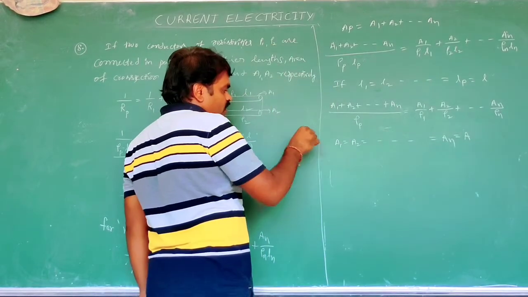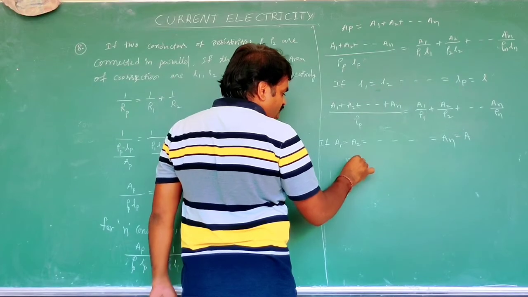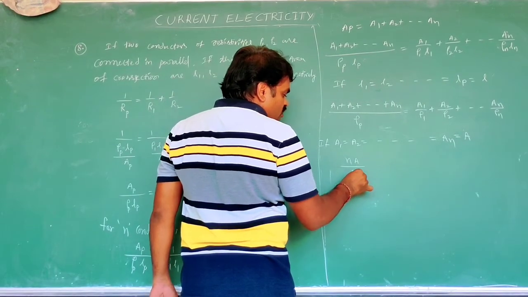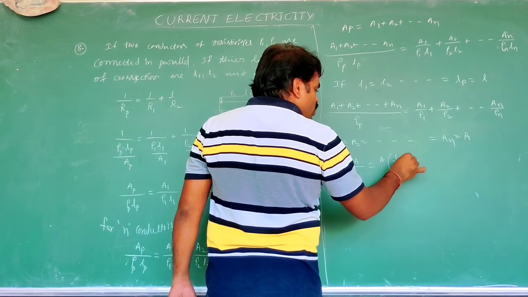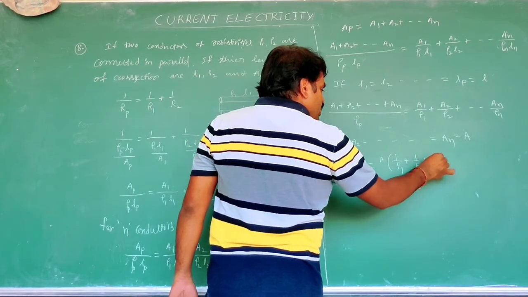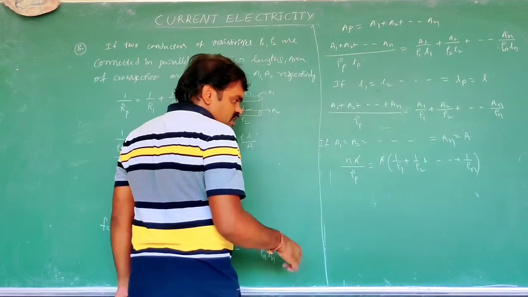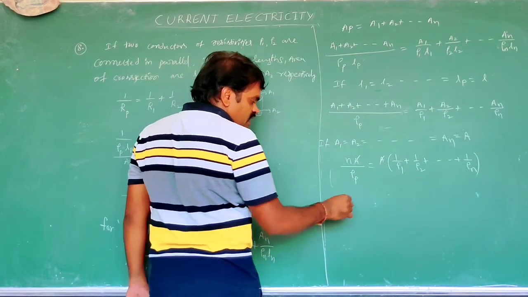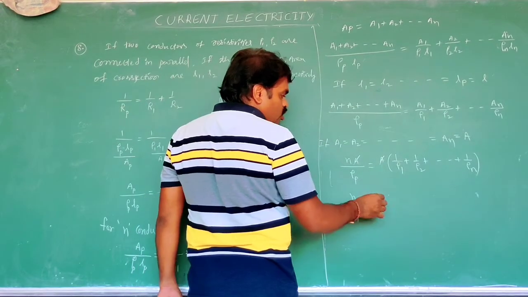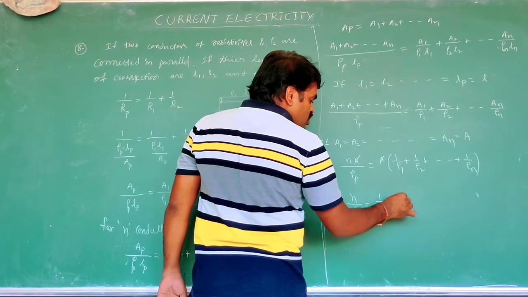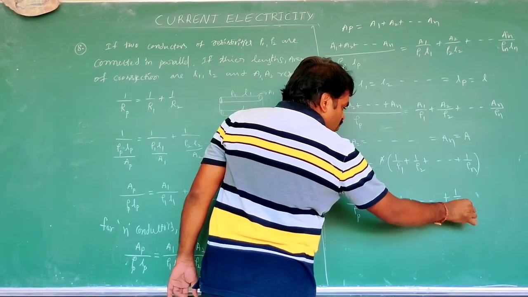What do we get? That is n times A by rho P is equal to A common, and what remains is 1 by rho 1 plus 1 by rho 2 plus up to 1 by rho n. Then A cancels, and we get n by rho P is equal to 1 by rho 1 plus 1 by rho 2 plus up to 1 by rho n.